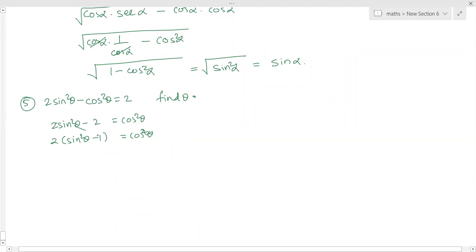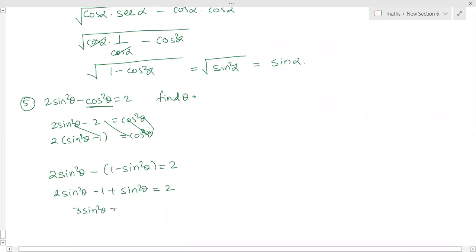Here also you can do, or simply convert this cos square into 1 minus sine square. 2 sine square theta into 1 minus sine square theta is equal to 2. 2 sine square theta minus 1 plus sine square theta is equal to 2. So this minus 1 will go this side. So 3 sine square theta is equal to 3.